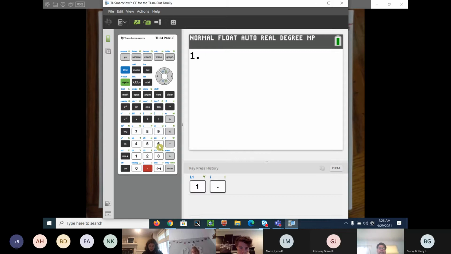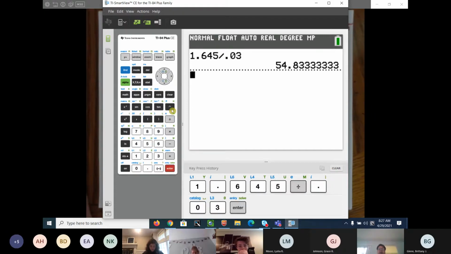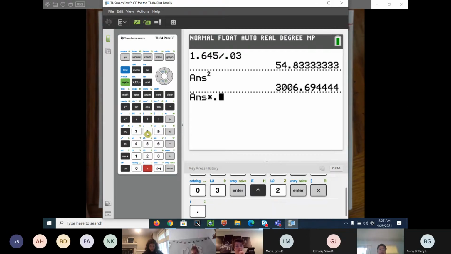All right, so here we go. 1.645 divided by 0.03 equals, and then I'm going to raise that, hit the caret symbol, to the second power, and multiply that by 0.824. Does it matter which order I type in the decimals?